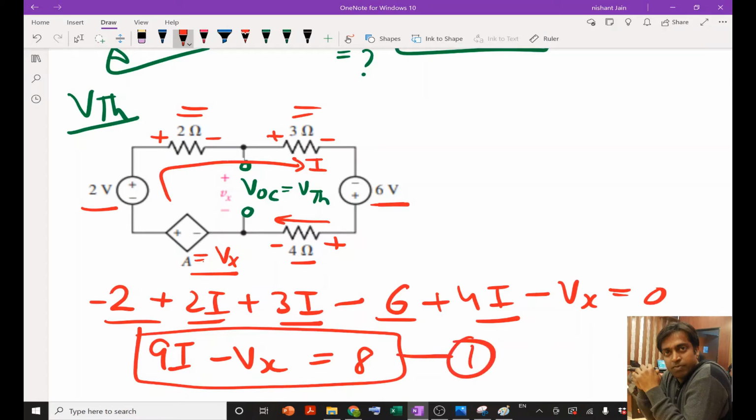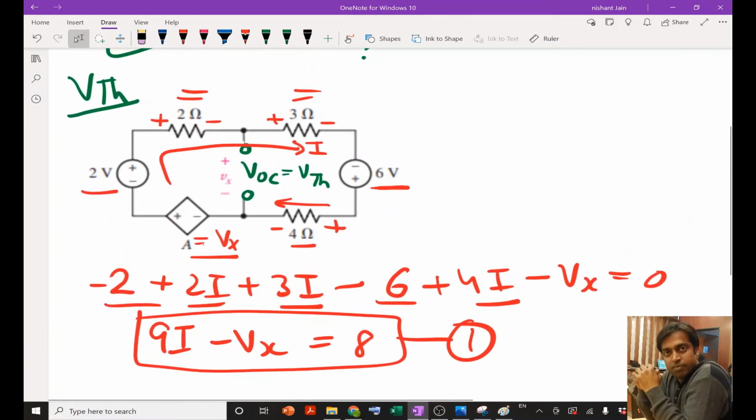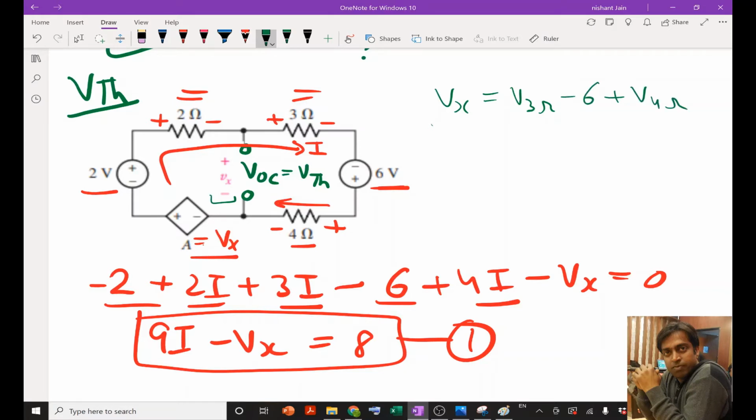Now after that, what can I determine? I can determine the value of this Vx. You can see this Vx will be the voltage across this 3 ohm, minus 6, plus V4 ohm. We can take it in this direction also, so it is all up to us.